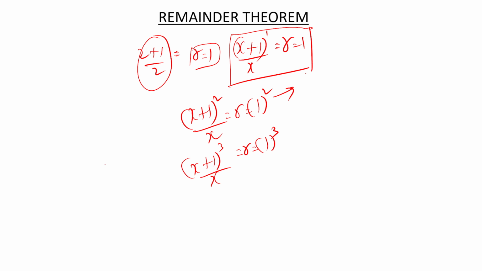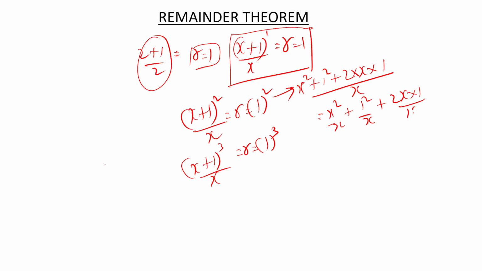If you want me to derive this, let's do it. x square plus 1 square plus 2 into x into 1, all by x. So x square by x, plus 1 square by x, plus 2x into 1 by x. The x cancels, x cancels, and at last what remains is the remainder.